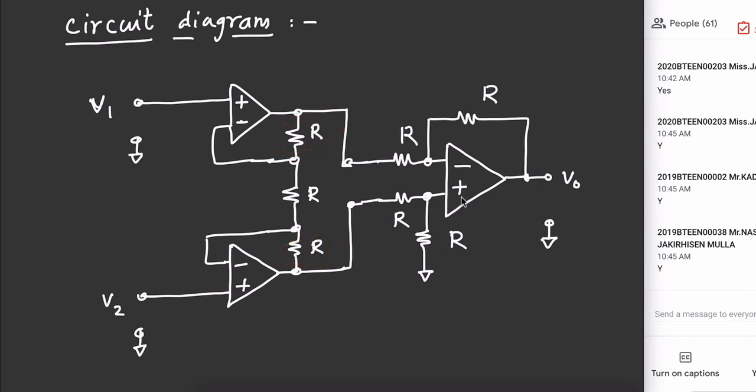So we name them maybe R2, R2, R1, and we write here R3. We may write R3, R3 everywhere.